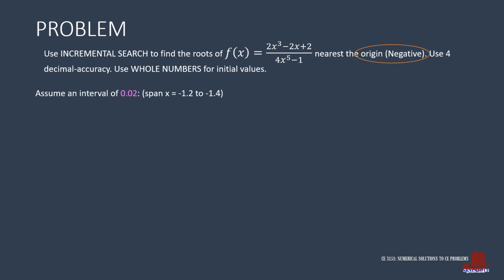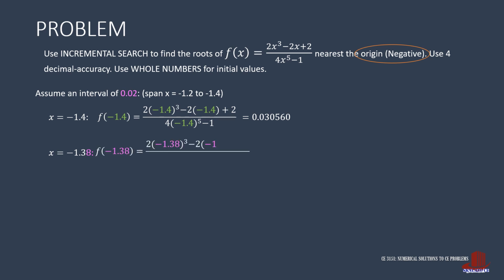Let's get more accurate with the root by using a smaller interval of 0.02 from the span of negative 1.2 to negative 1.4, and we will refer the iteration from negative 1.4. Add the increments as we are using the lower limit, so take x of negative 1.38.